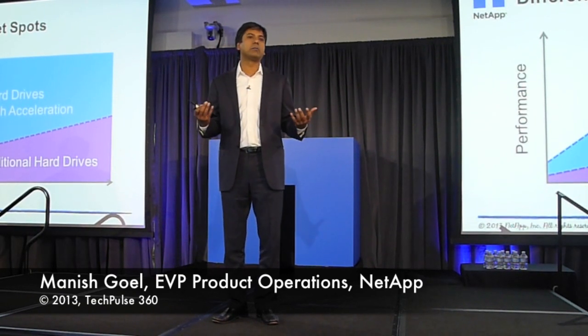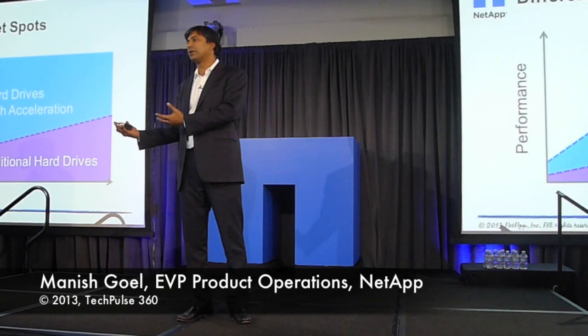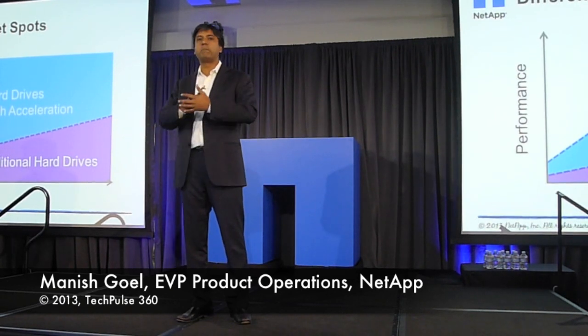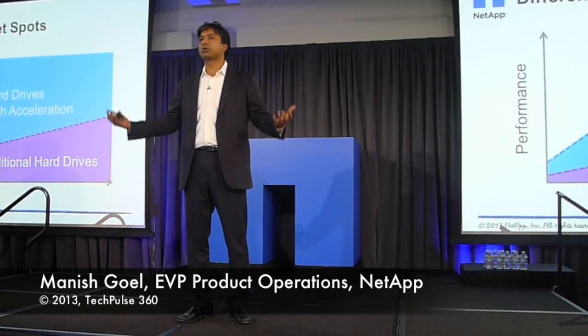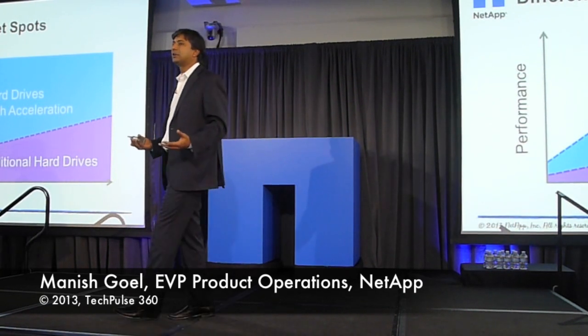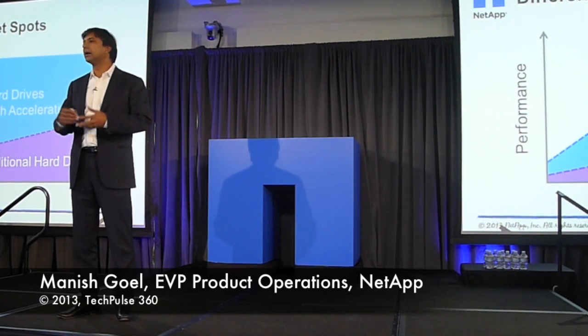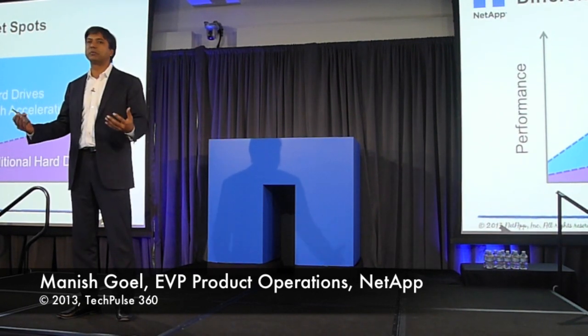There are different economic spots. So if it's, like I said, a capacity-oriented application workload, a big content store, a photo repository, hard drive-based architectures are likely to be the most cost-effective architectures for that. Multi-petabyte architectures, but performance isn't a requirement.